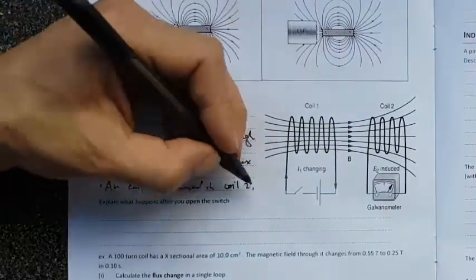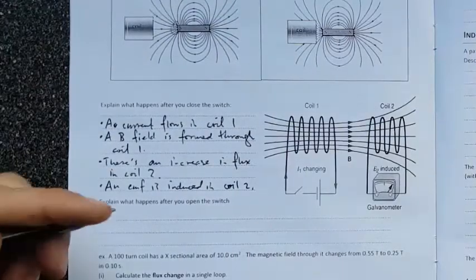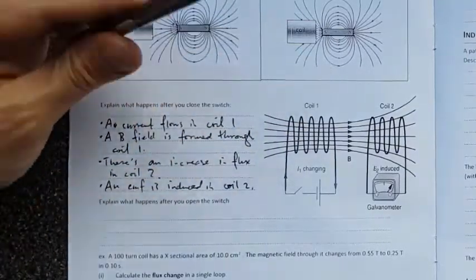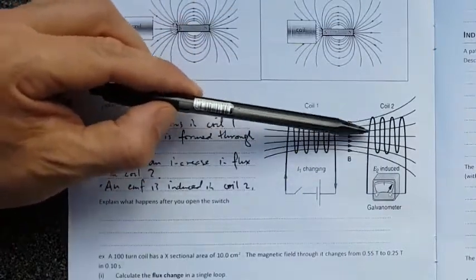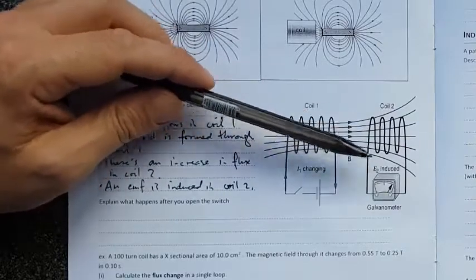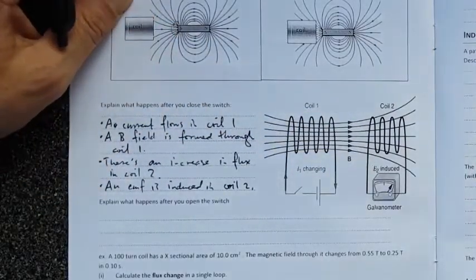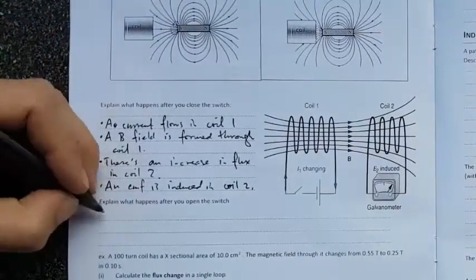That's Faraday's law. When you open the switch, a similar thing happens, because suddenly the magnetic field disappears, which means we have a big decrease in flux, and that also is a change in flux, so that will induce an EMF in the coil, but in the opposite direction, because now we have a decrease, we have a negative change.